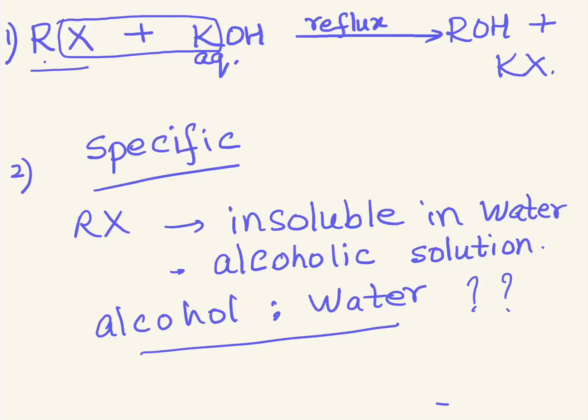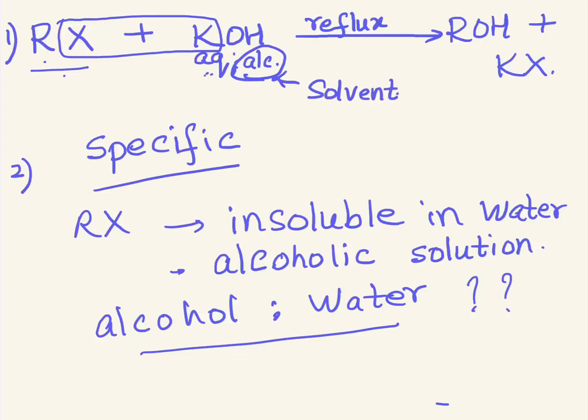For now, just understand that these reactions we are going to talk about, I'm saying aqueous KOH over here, but that means that there is a small amount of alcohol present in this particular solution. So in many places you will find it written as aqueous alcoholic KOH solution, indicating that alcohol is present only as a solvent over here.